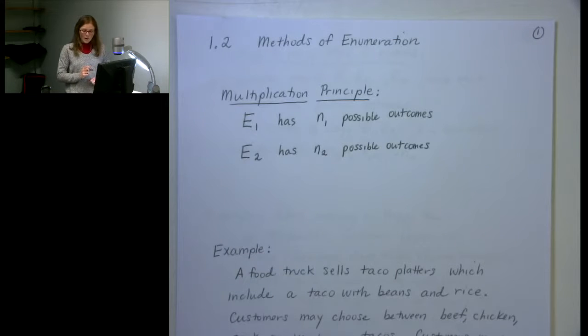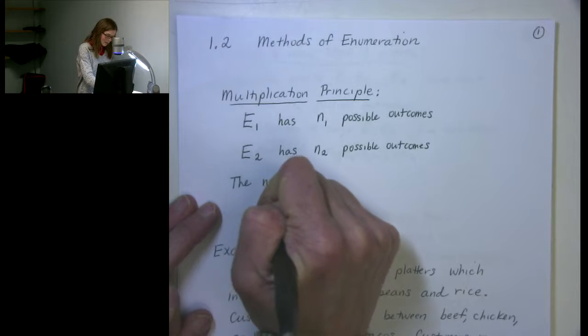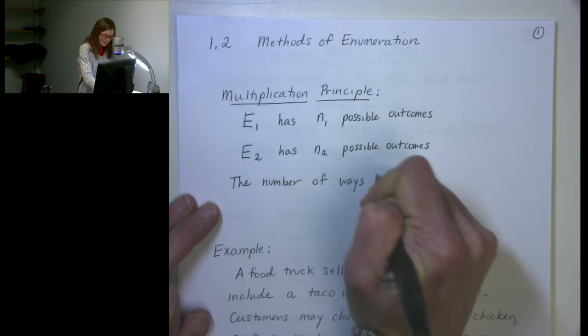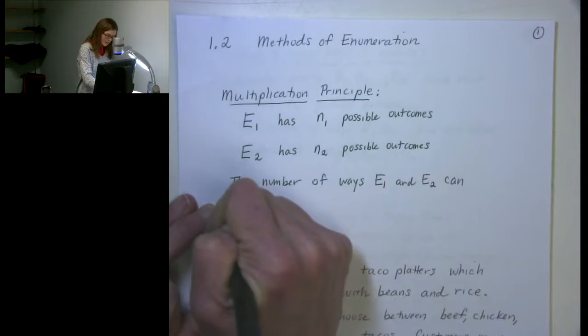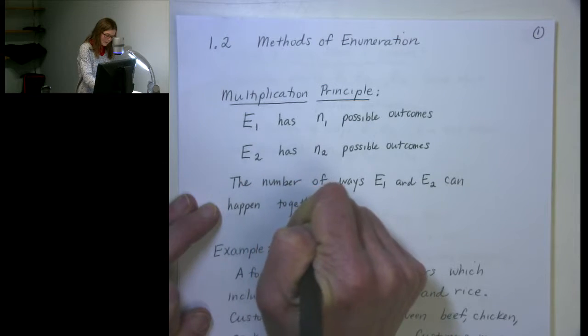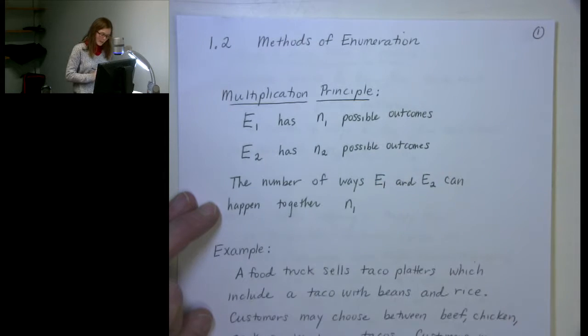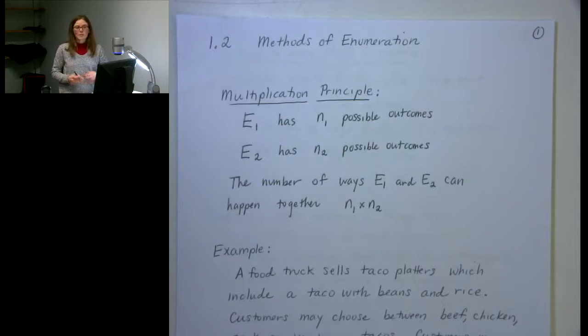Then the number of ways that E1 and E2 could happen together can be found just by multiplying the number of ways E1 can occur, N1, times the number of ways event 2 can occur, N sub 2, and that gives us our total size of the outcome space for those two events.